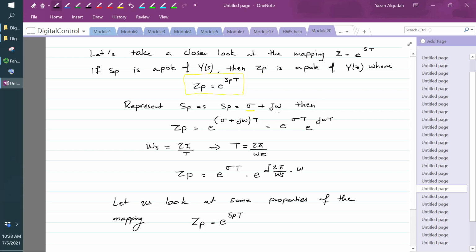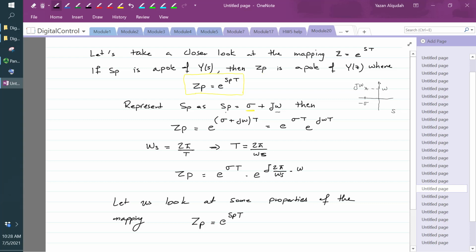So in the S domain, this is S space. If I have a pole here, this is sigma, this is j omega. This is omega, this is the j axis, this is sigma.